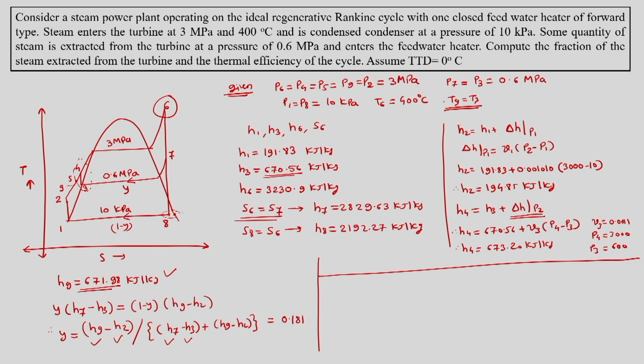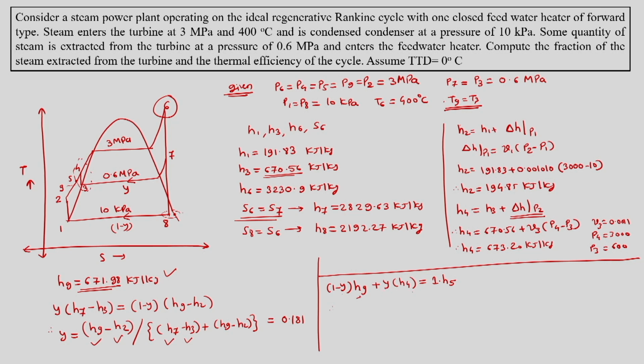In the rest of the calculations, we basically have to find out the enthalpy at state 5. For enthalpy at state 5, it is simple. We have to say here that 1 minus Y of water at state 9 is mixed with Y mass of water at enthalpy 4 to give 1 kg of water at state 5. So, we know Y, we know H9, H4.